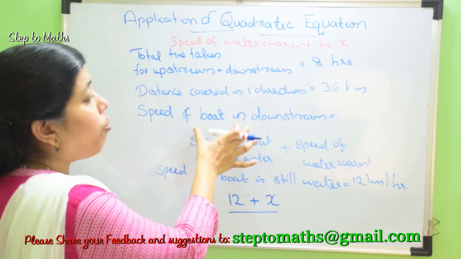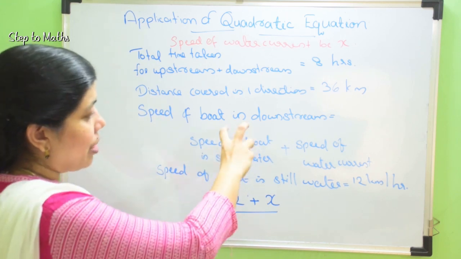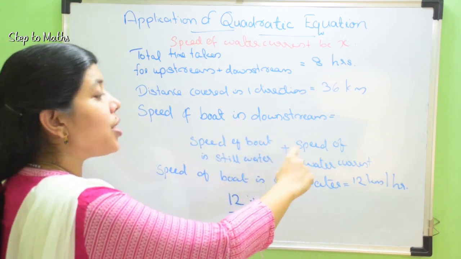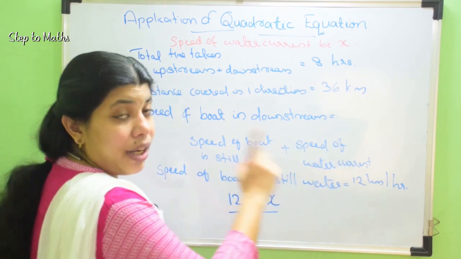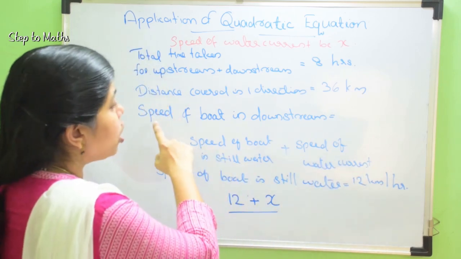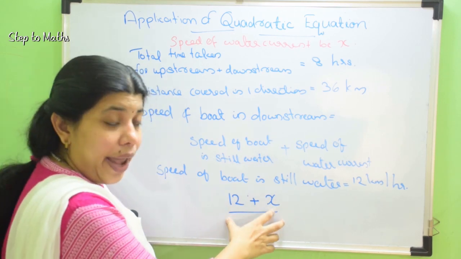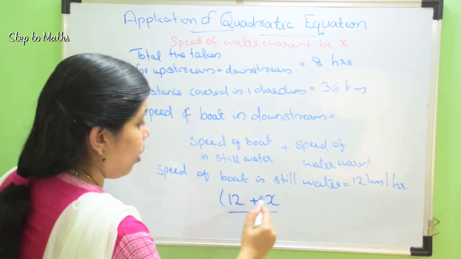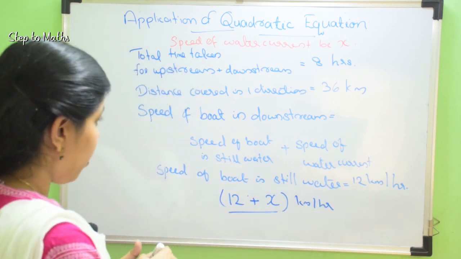So, speed of boat in downstream is 12 plus x kilometer per hour.